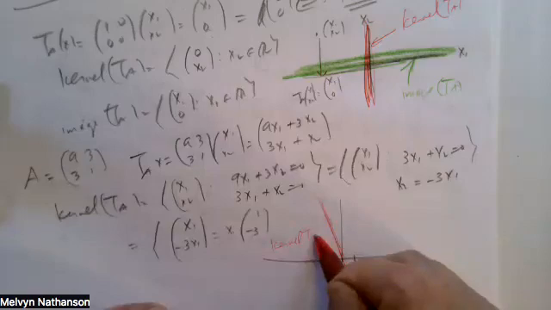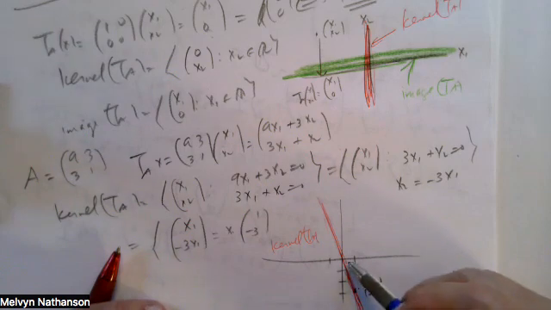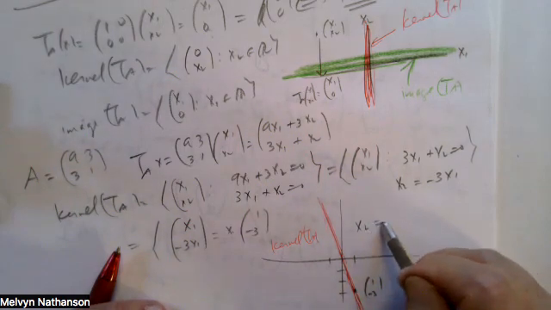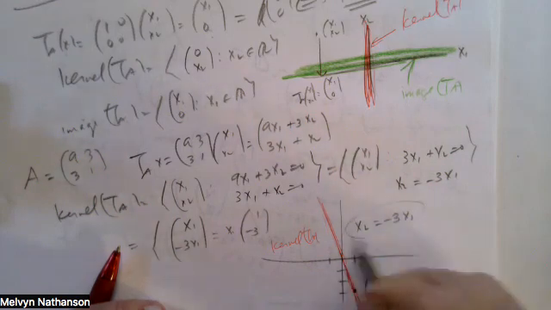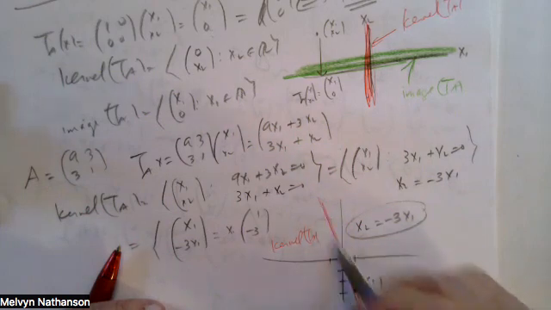This is the kernel of T sub A. These are all points that satisfy the equation. This is a line with slope minus 3. x2 is minus 3 x1. All the points that satisfy this equation, it's that red line.